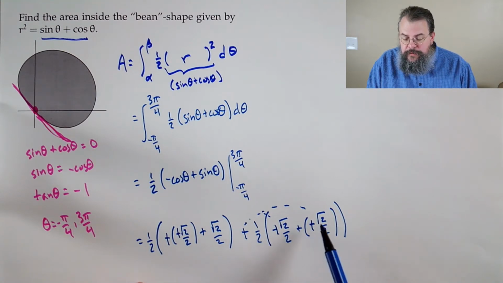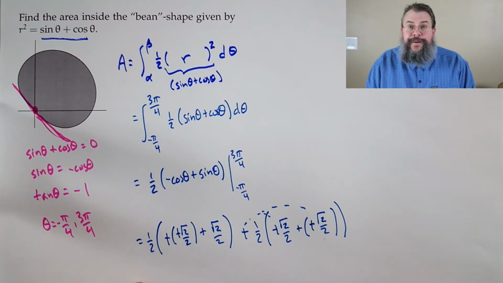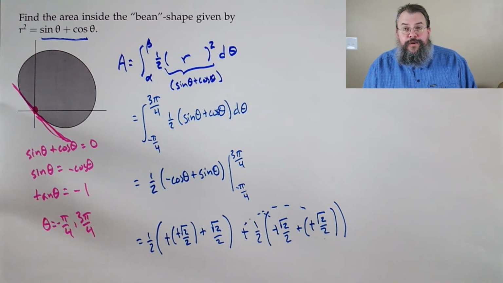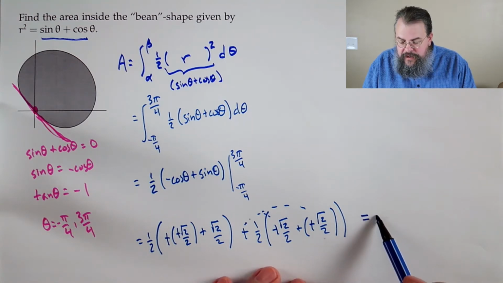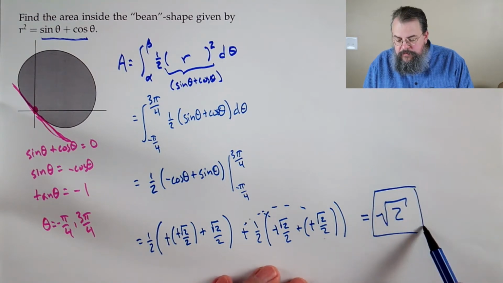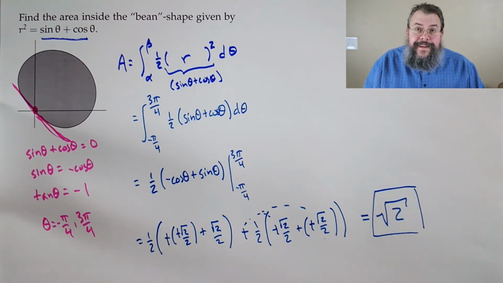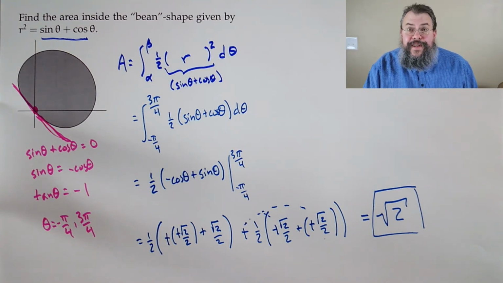But now you have root 2 over 2 plus root 2 over 2, giving us a grand total of square root of 2. And we're done. That's it. So it all worked out fabulously.